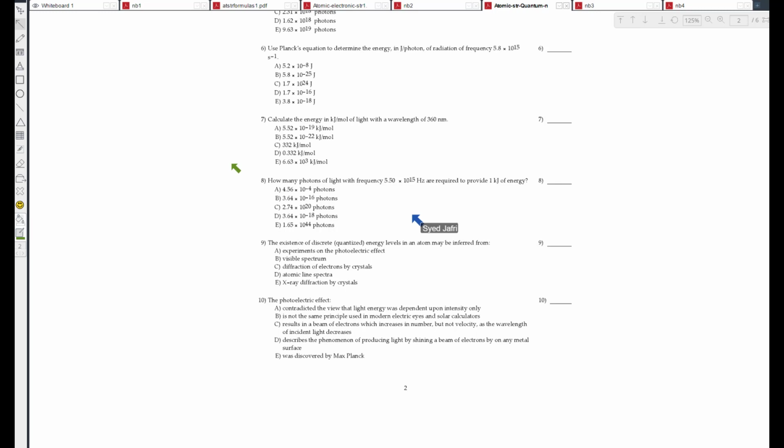So 6.63 times 10 to the minus 34 times 3 times 10 to the 8 power divided by 360 times 10 to the minus 9. So 5.5250 times 10 to the minus 19.